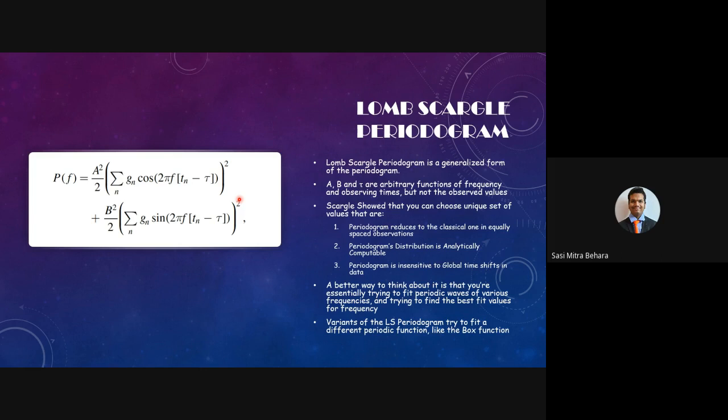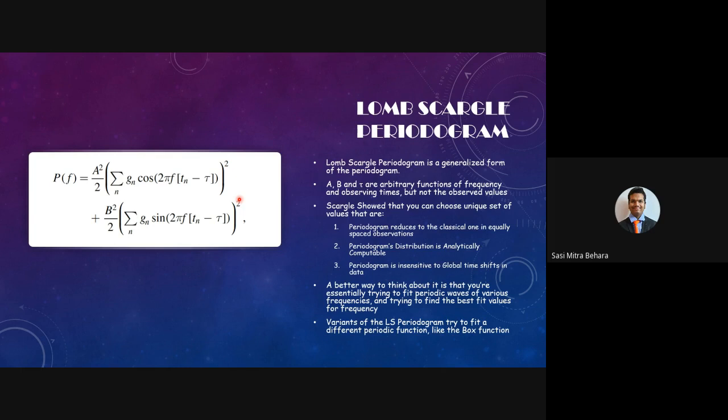Scargle showed that you could choose a unique set of values where the periodogram reduces to the classical one in equally spaced observations. That's the first thing. Second, the periodogram's distribution is analytically computable, and the periodogram is insensitive to global time shifts in data.